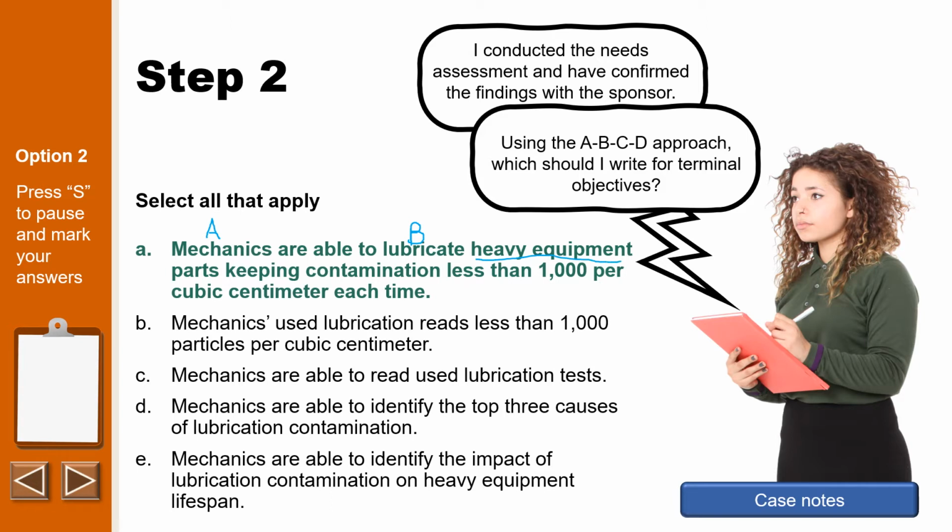In my opinion, this may be a bit weak, but I see this as the condition that they would have, heavy equipment, and then all of the rest here would be the degree of mastery, keeping the contamination less than 1,000 per cubic centimeter each time.